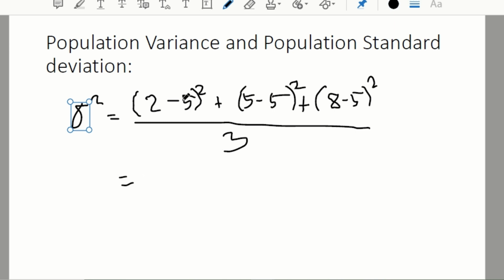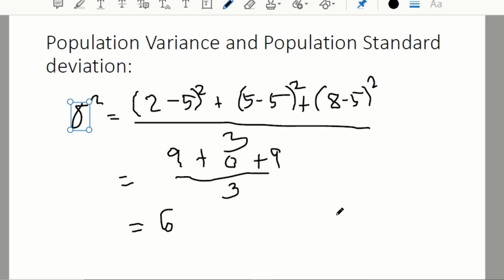So 2 minus 5 is negative 3 squared, we have 9. 5 minus 5 is 0 squared, that is still 0. 8 minus 5 is 3 squared, so that is 9, divided by 3. So 9 plus 9 is 18, divided by 3, is 6.